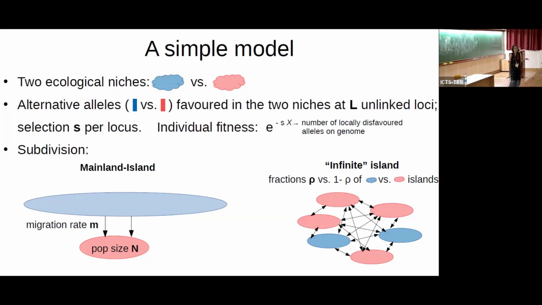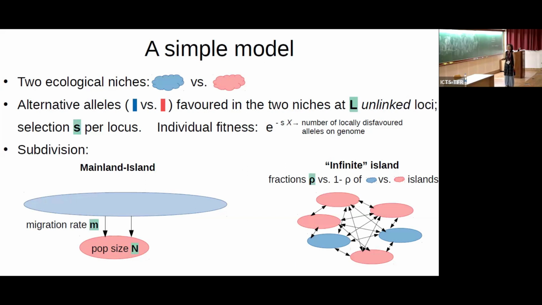One of the questions I'm interested in is what conditions facilitate polygenic divergence, or polygenic adaptation to a rare or somewhat rare ecological niche.